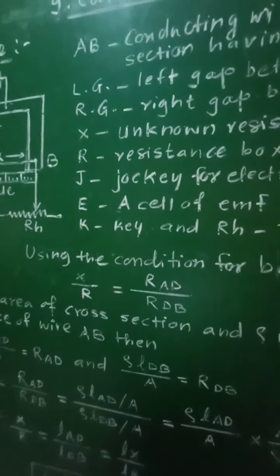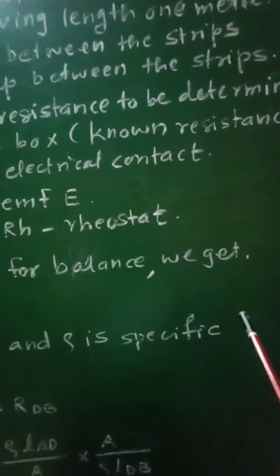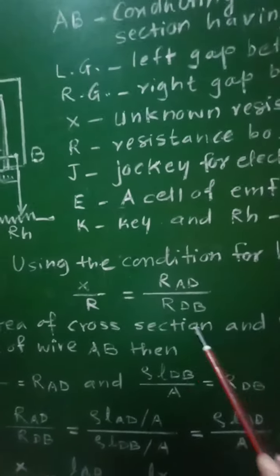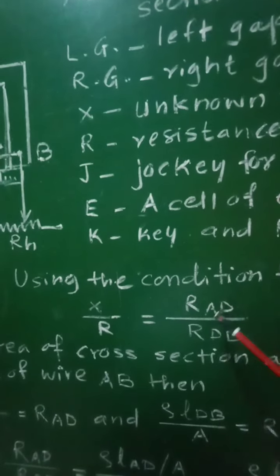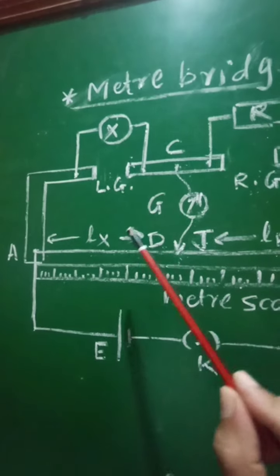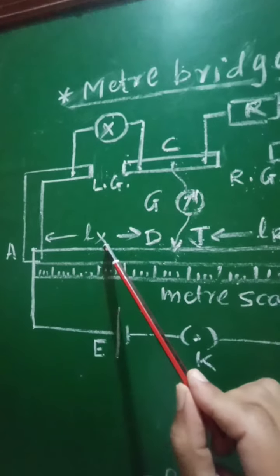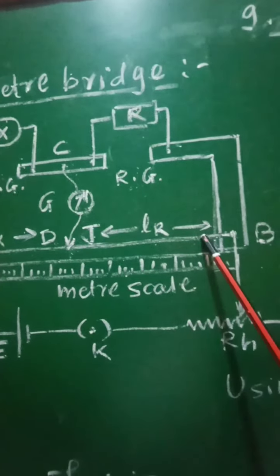Now, as the bridge is balanced, we can use the balancing condition, and that condition will be written as X by R equal to R_AD upon R_DB. That is, X by R equal to resistance of wire AD divided by resistance of wire DB.